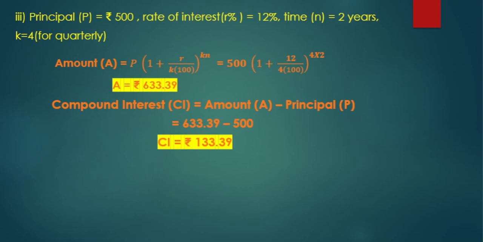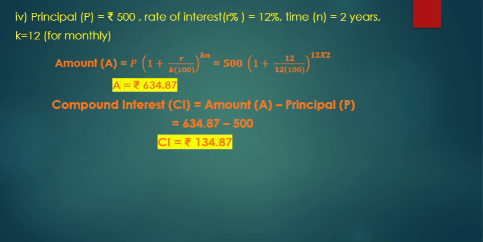And for monthly we have K equal to 12 in the same formula. After solving the equation we have got the total amount, which is rupees 634.87, and the compound interest is rupees 134.87. That's all for today. Thank you.